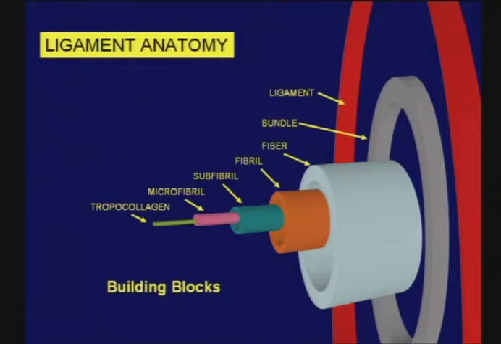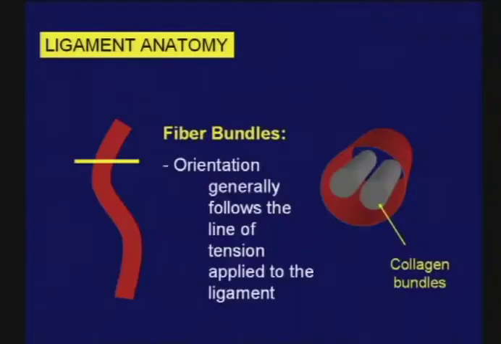During this course, we talked about tendons and we explained the building blocks of tendons, and now I do the same, looking at the building blocks of ligaments. So just as was the case with tendons, we start with small structures, microfibrils, subfibrils, etc., and we end up with collagen bundles within the ligament.